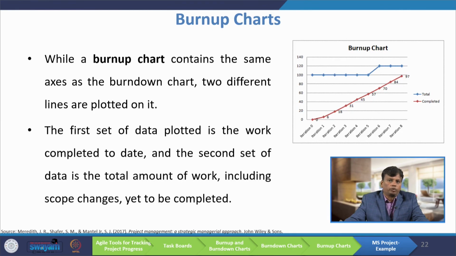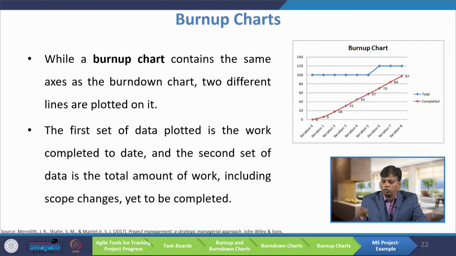Now, we will discuss the burn-up charts. While a burn-up chart contains the same axes as the burn-down chart, two different lines are plotted. The first set of data plotted is the work completed to date, and the second set of data is the total amount of work including scope changes and yet to be completed.